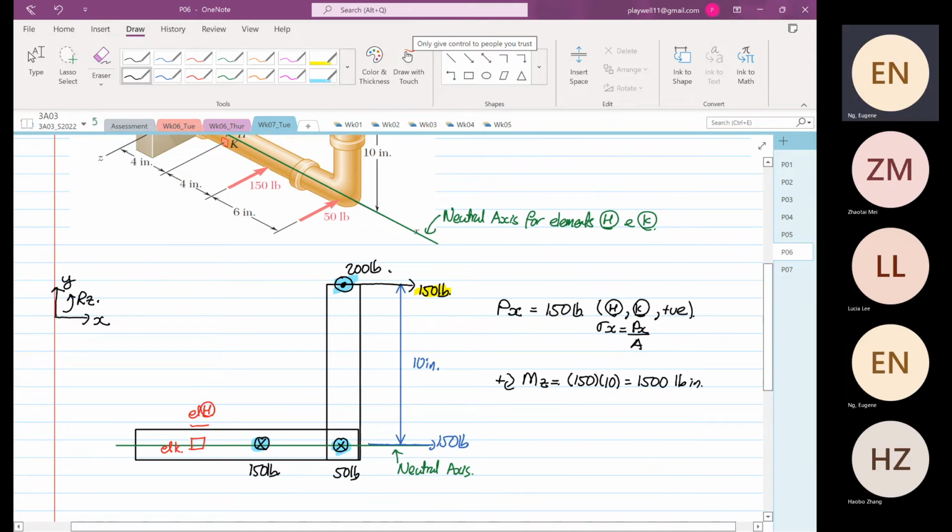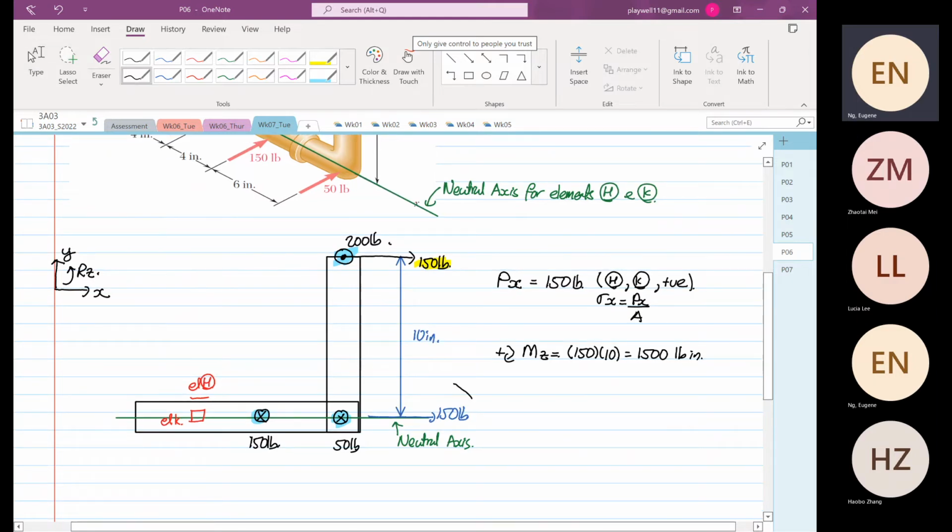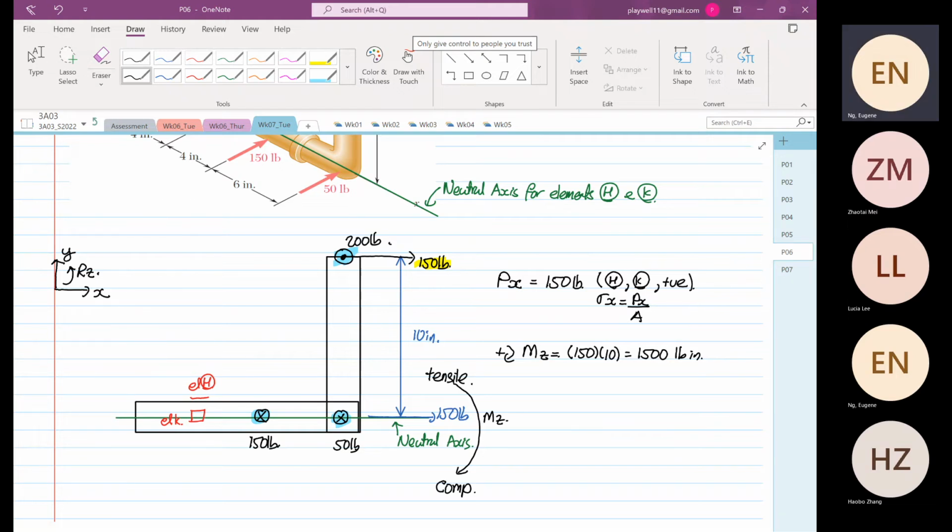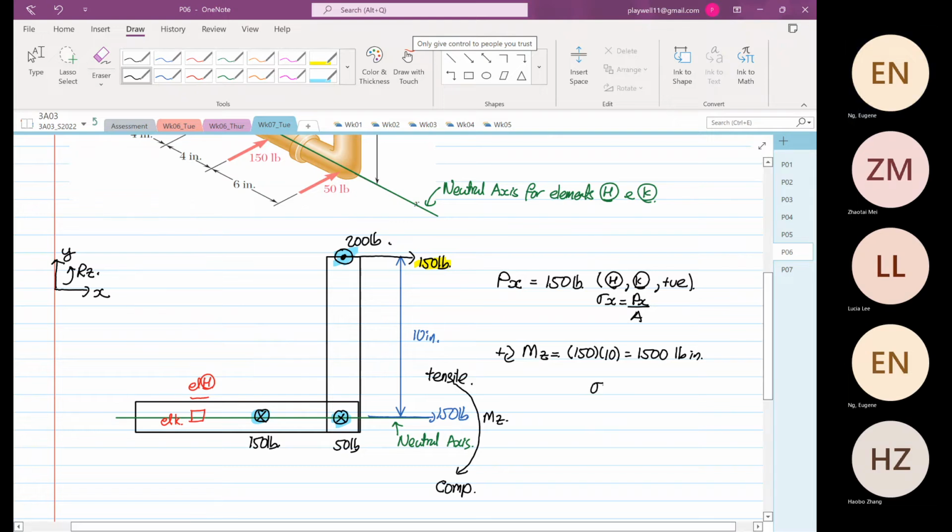The moment in z will be acting in this direction. Like what I've taught you before, if the moment in z is in that direction, the head of the moment vector is going to be compression, and this is going to be in what? Tension. By looking at this, you can calculate that. We know the formula stress x is equal to Mz over Izz multiplied by y.